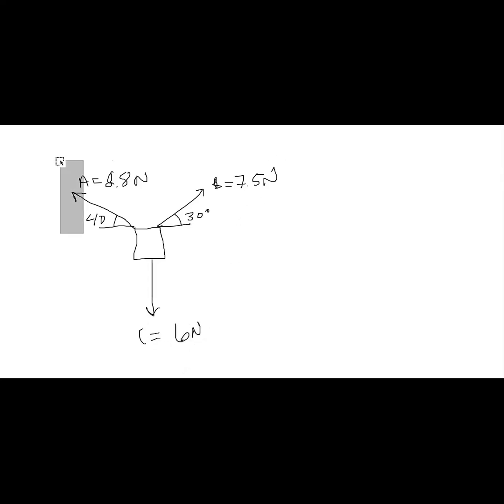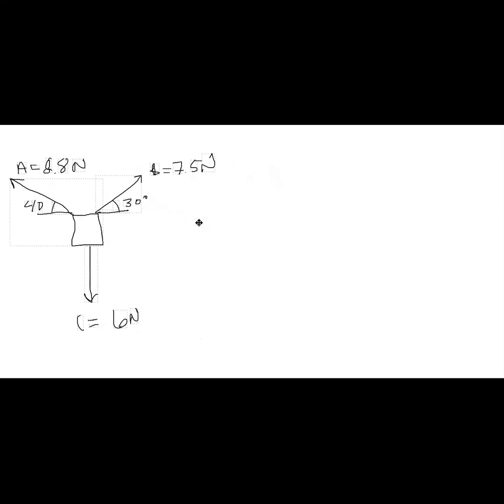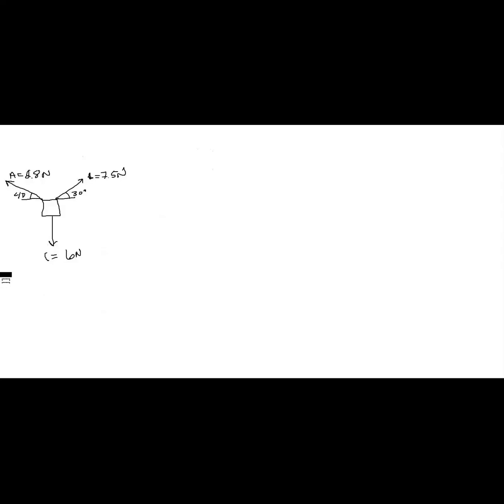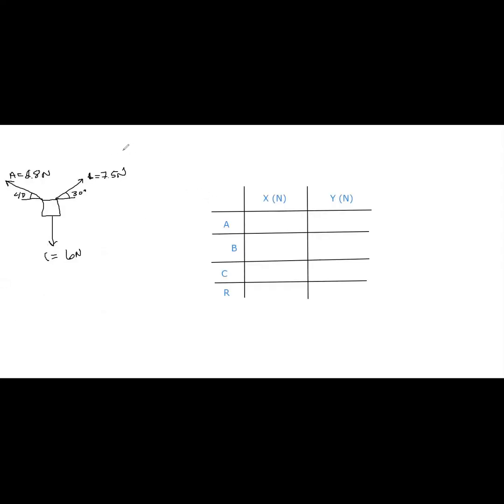So there's our first concurrent force system. We're going to go through this together again. First thing we want to do here after we draw it is create our chart. In the X, we'll start with A. So this is 8.8 cosine 40. And in the Y, this should be negative.